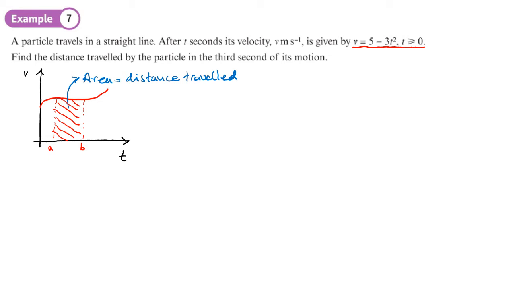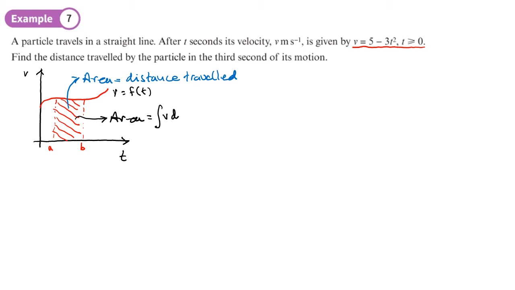But on a question like this, it's basically going to be v equals some sort of function of t, isn't it? Now, how do I find that area? Well, we know how to find the area under a graph. We use integration.